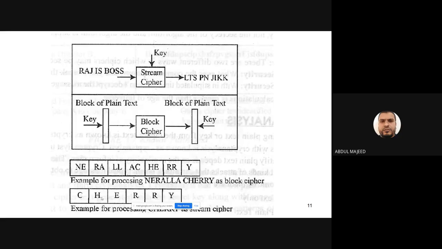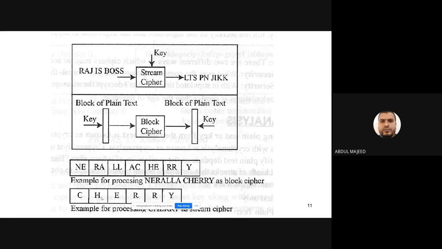Block cipher means I will take one complete RAJ as one complete block, three characters. Then ISB as another block of characters, the second block, and OSS as the third block. Then each of these three blocks will get converted into its equivalent cipher text.